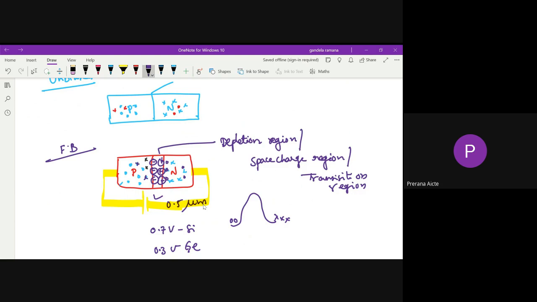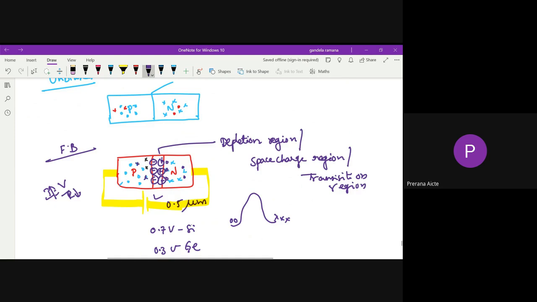The width of the depletion region is reduced. Holes try to go to this side and electrons try to come to this side, so the depletion width is reduced. It acts as a closed switch. When current flows, I is equal to V by R, so in forward bias current will flow and the diode offers low resistance.